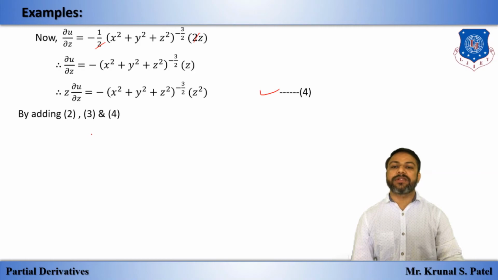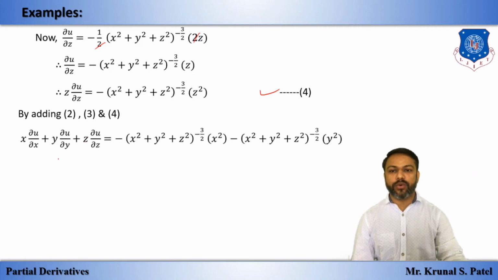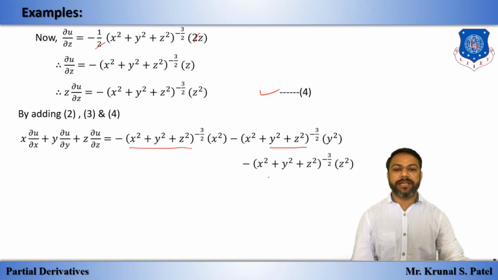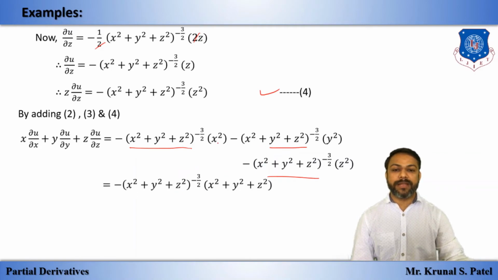By adding equation numbers 2, 3 and 4, we can take minus common in this bracket. So in the remaining bracket we have x square plus y square plus z square. Why plus? Because we have taken minus common.